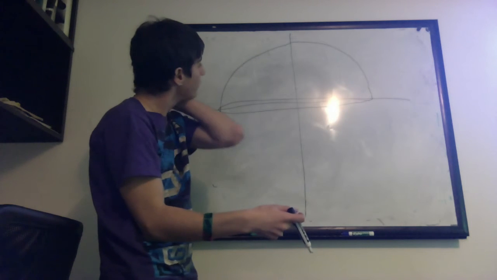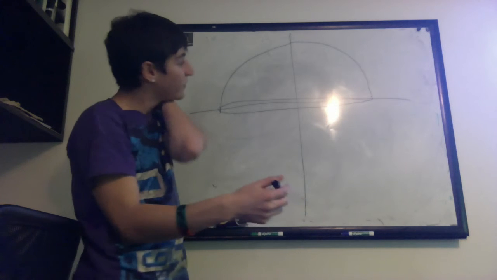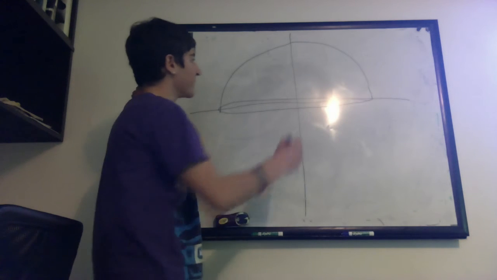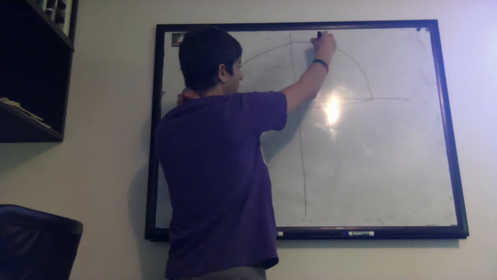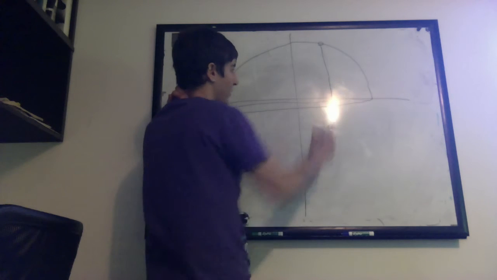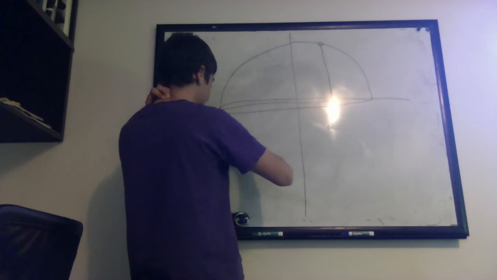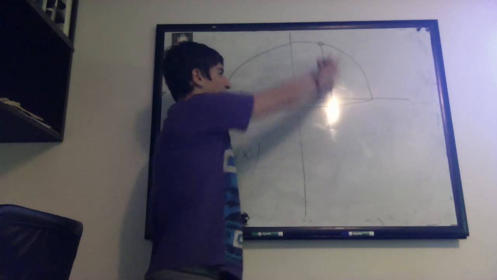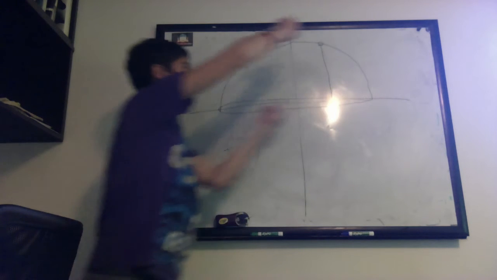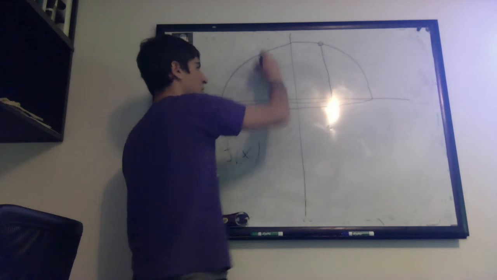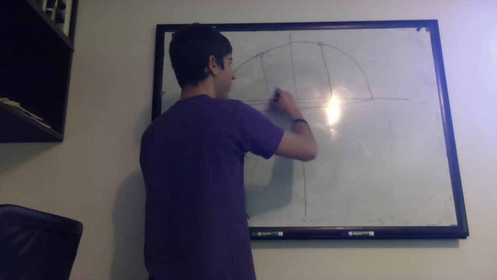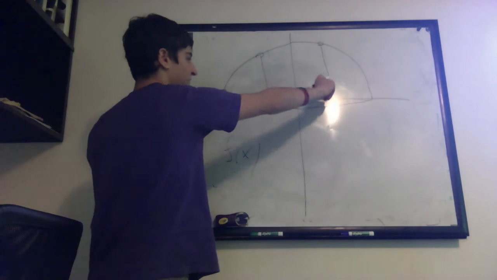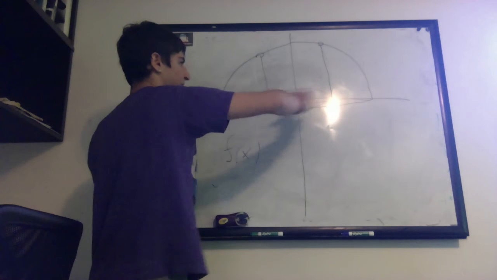So what do we do? Well, you take the value of one point on the function, f of x. Now you're going to rotate that value around. When you rotate that value around, you have f of x times the perimeter of the circle that it makes.